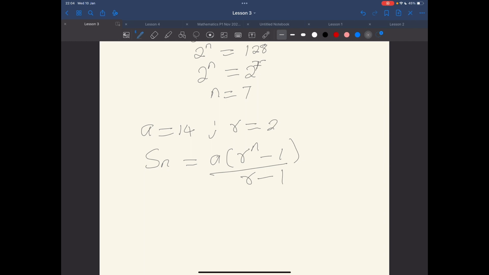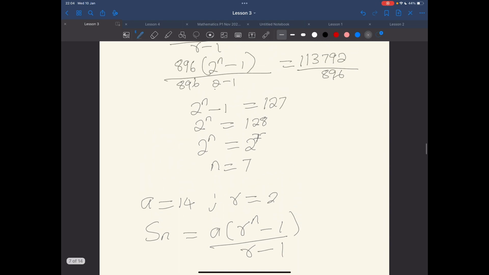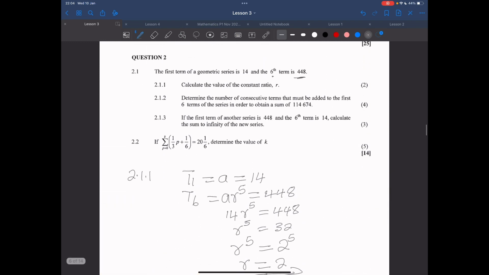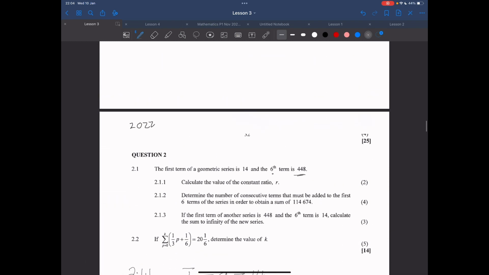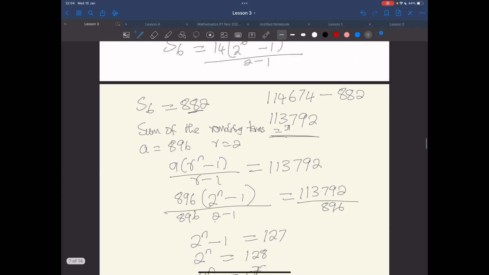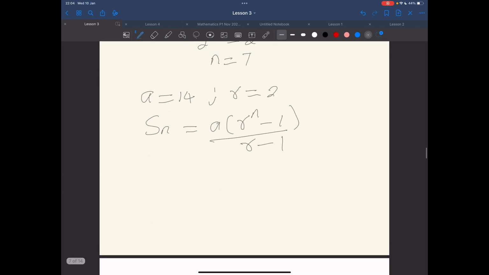So what we're going to do is take this A as 14, R as 2, and then equate it to the total that they gave us, 114,674. So that will be an easier and a quicker way. So let's look at it.